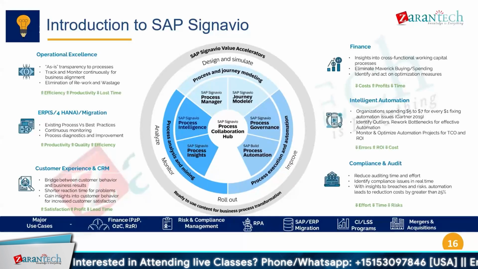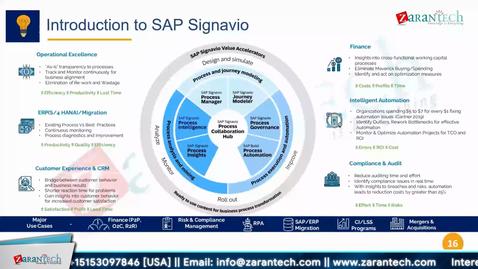When the analysis is done, you have to design or redesign your process. Then Signavio Process Manager comes into the picture. This is the place where you can design your business process in the form of Business Process Modeling and Notation 2.0, the BPMN 2.0 language. This is the ISO-certified modeling language, which was certified in 2014.